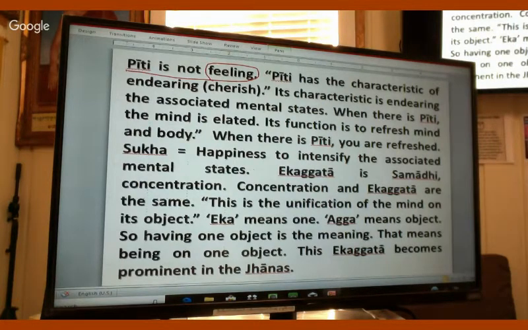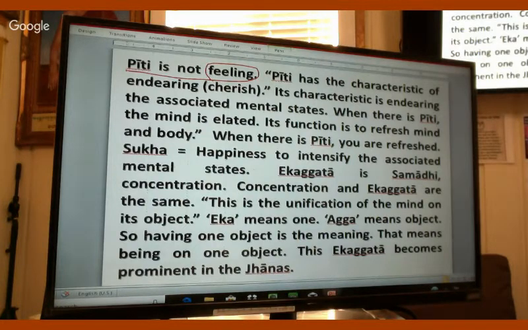Characteristic means when you practice meditation, you can think in your mind, oh, that is piti. In Pali we call it lakkhana. If you want to know a person, you need to know that person's features, isn't it? So characteristic is a kind of feature of piti. If you practice meditation, you see that feature in your mind: oh, this is piti.